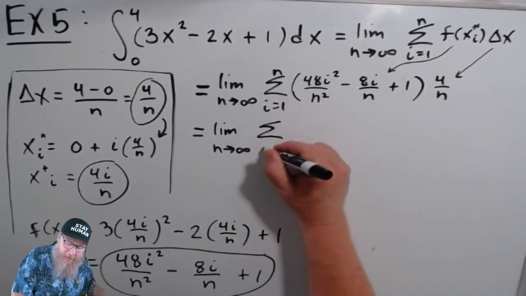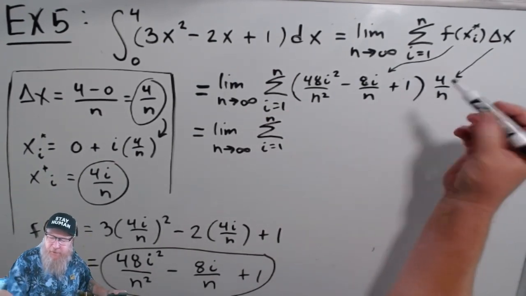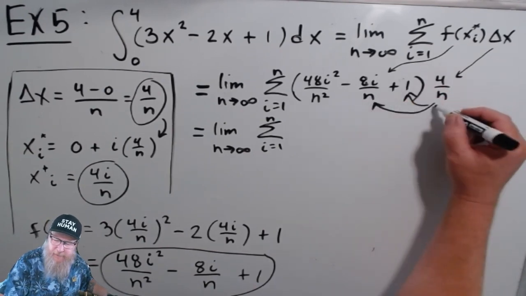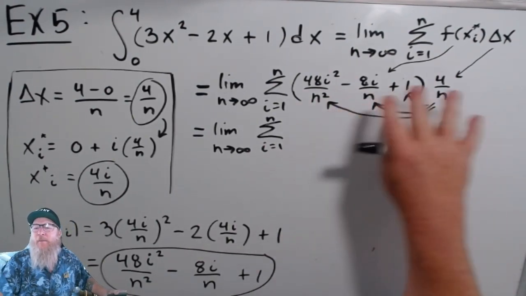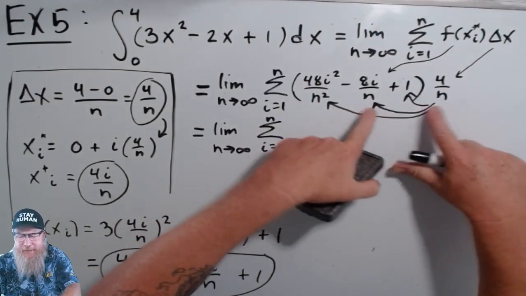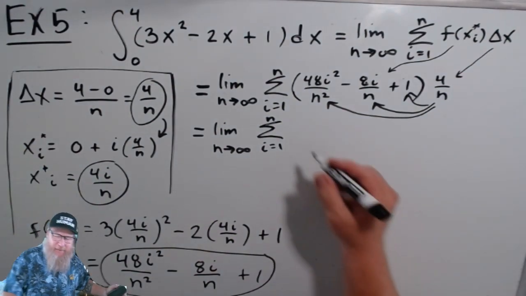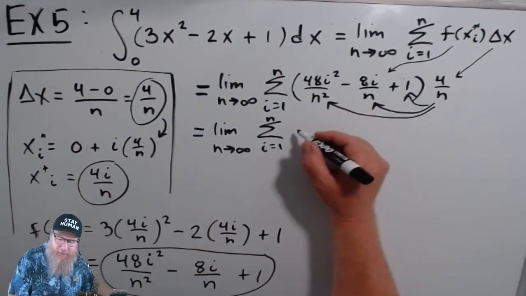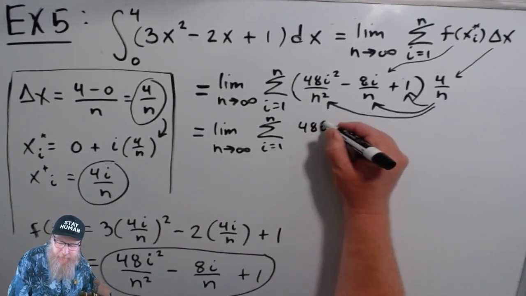Either way, you'll get the same result. I think I've done it the other way before, so maybe I'll show you this way. You can distribute this in, multiply the delta x in. One advantage to doing this is that you have all of your n's in one area. You don't have to worry about separating them out. You are allowed to separate them out, but it's sometimes nicer to keep them together.